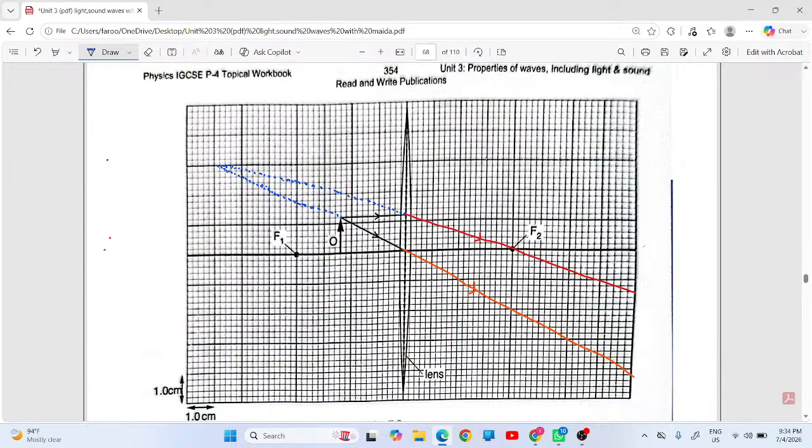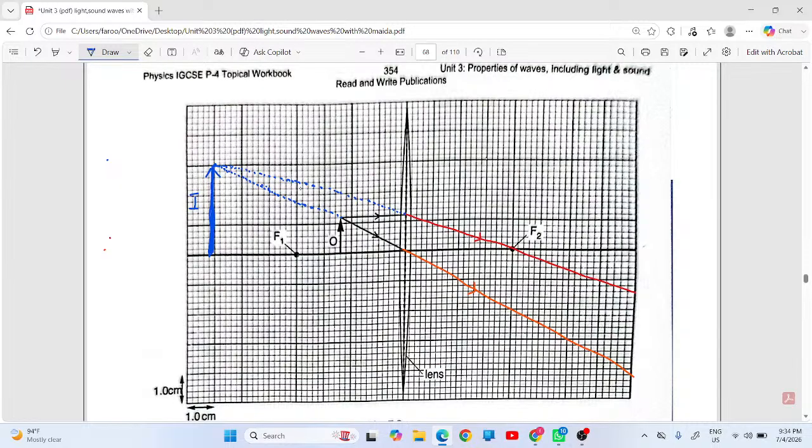Now these rays will seem to intersect at some point. Let's suppose यहाँ पे intersect करती है, जहाँ पे भी intersect करेंगी, this is the location of the image. यहाँ पे आपके पास जो मैं बात कर रहा हूँ, this is the position of the image.